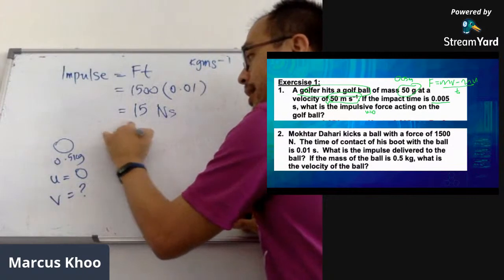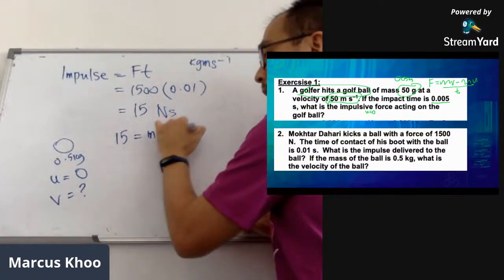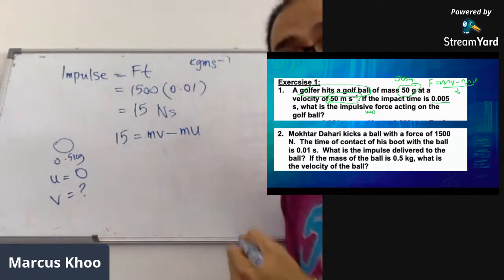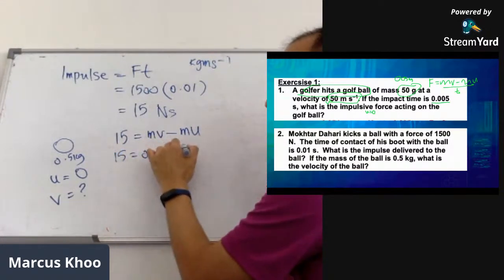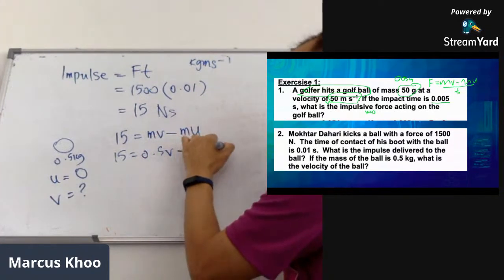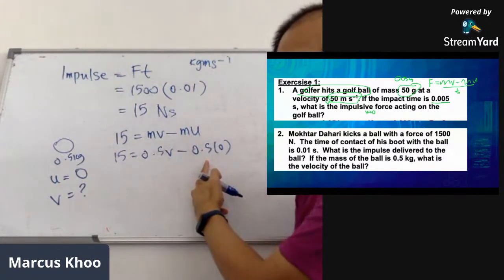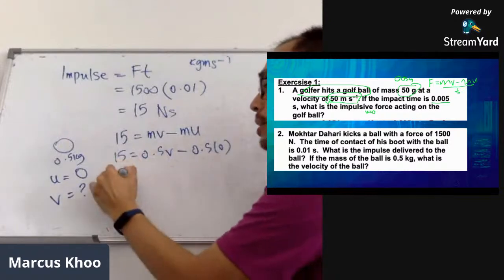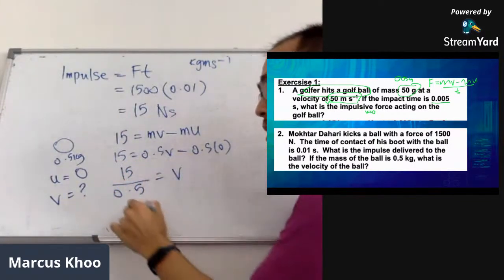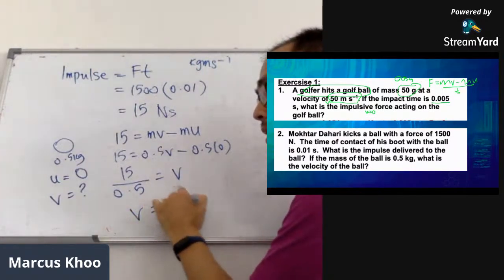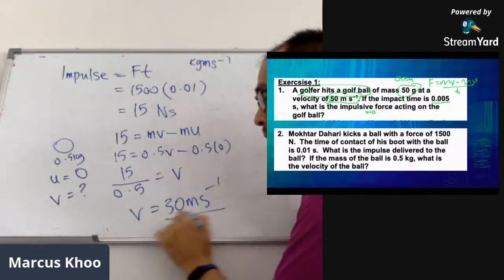So 15 equals to mv minus mu. Okay, so 15 equals to 0.5 v minus 0.5 times 0, which is basically 0 lah. Okay, so 15 divided by 0.5 equals to v. So you find that v is actually 30 meters per second.